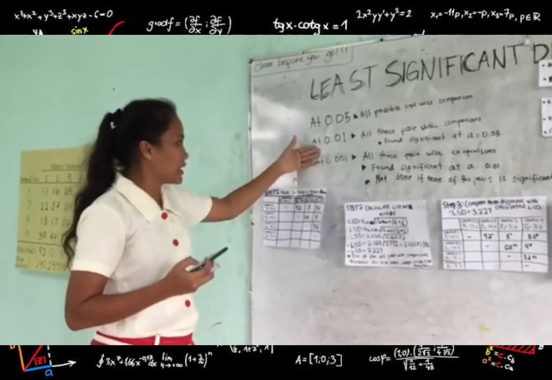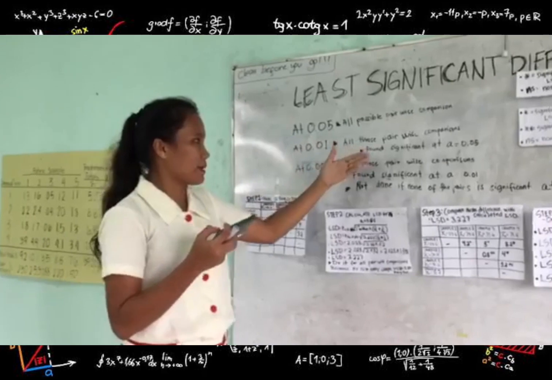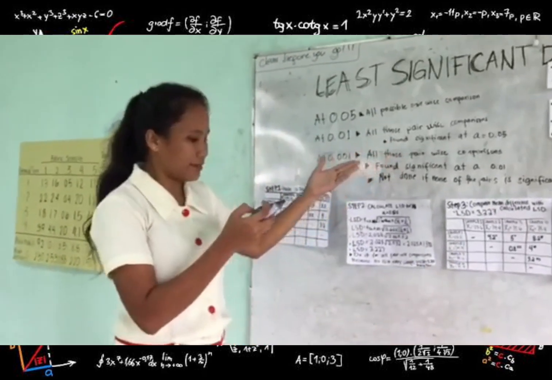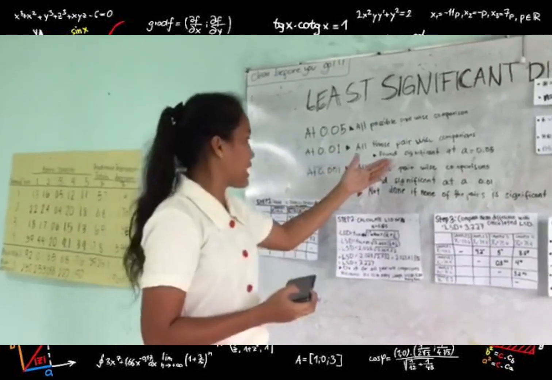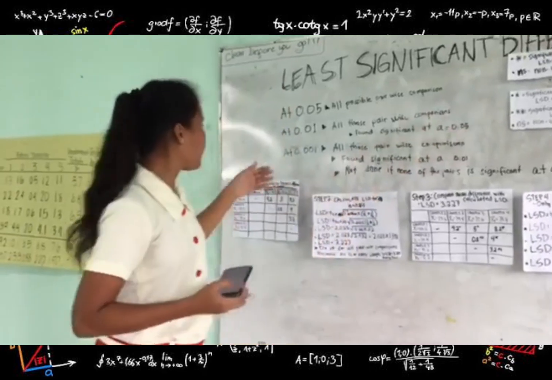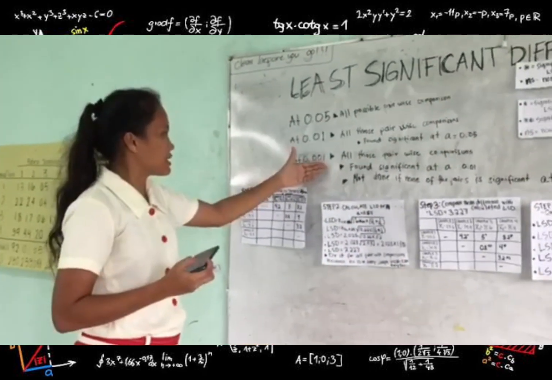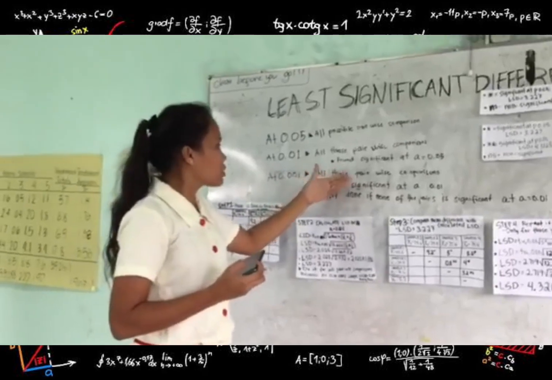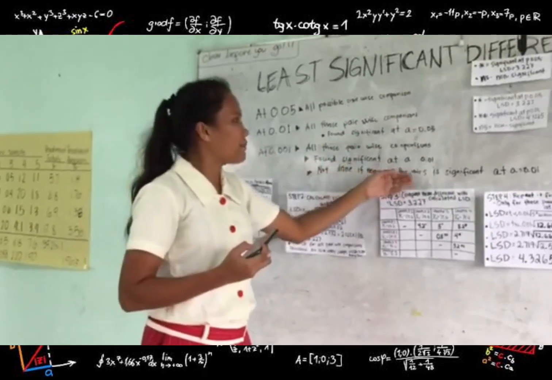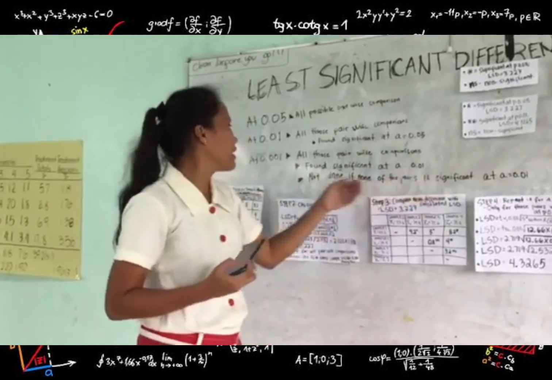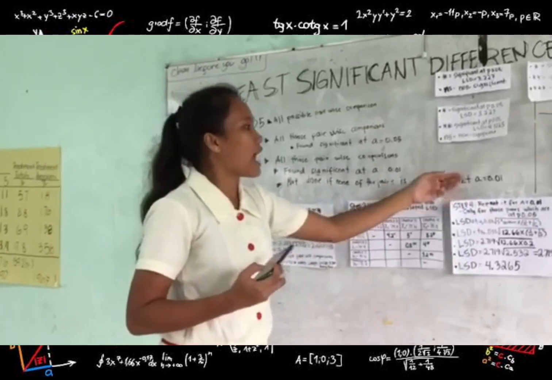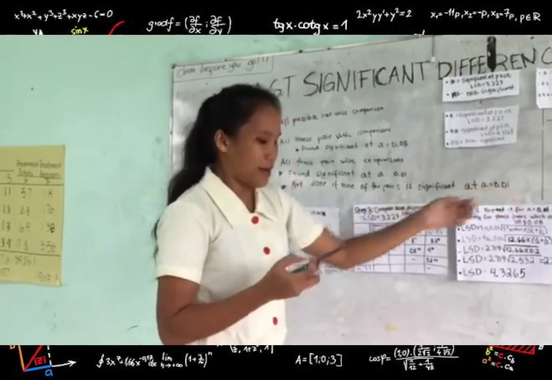At 0.01, we test all those pairwise comparisons found significant at alpha level 0.05. At 0.001, we test all those pairwise comparisons found significant at alpha level 0.01. It is not done if none of the pairs is significant at alpha level 0.01.